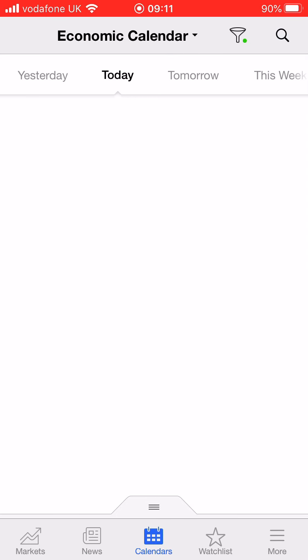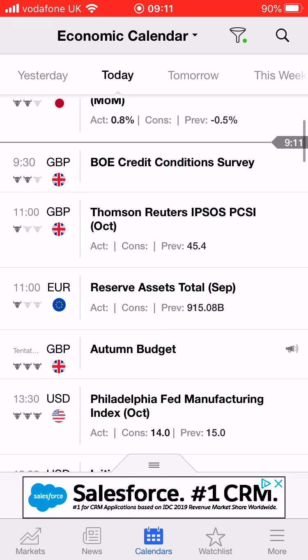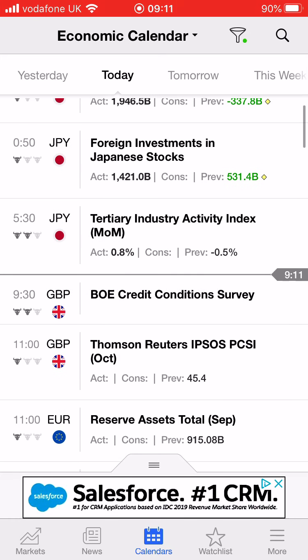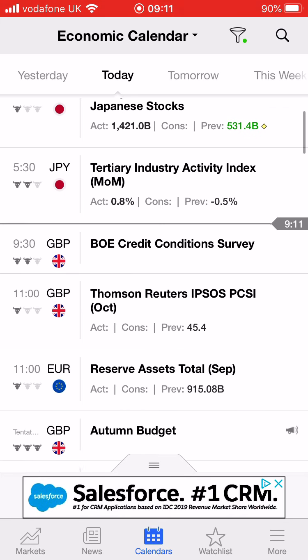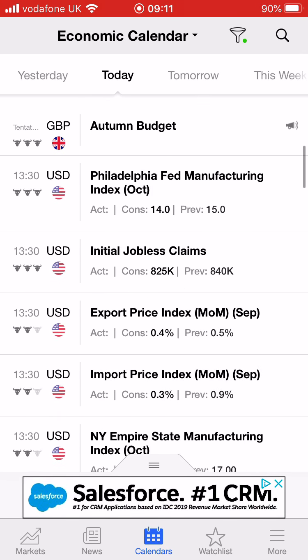And also got calendar. So this is a financial news calendar. So you can see what's going on around the world, and you can filter this to only show certain countries. So I have it on UK, European, US and Japan, and it shows you what's coming up.